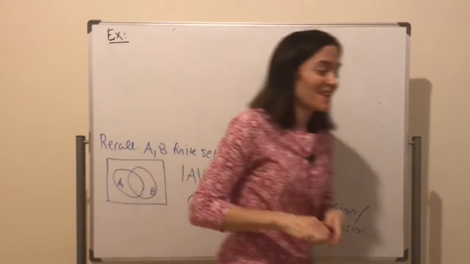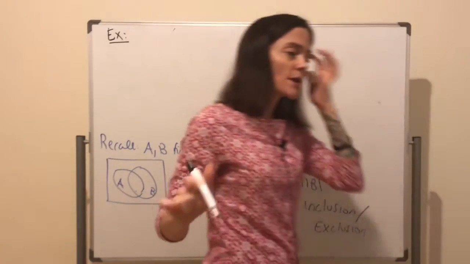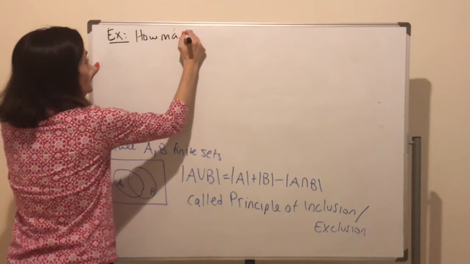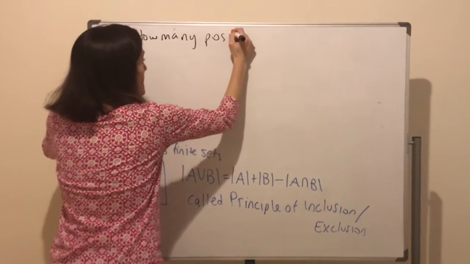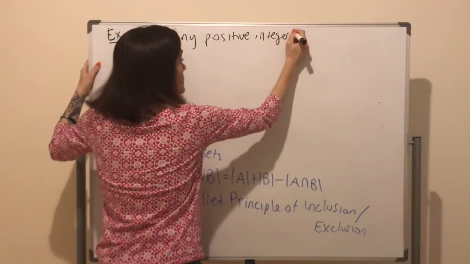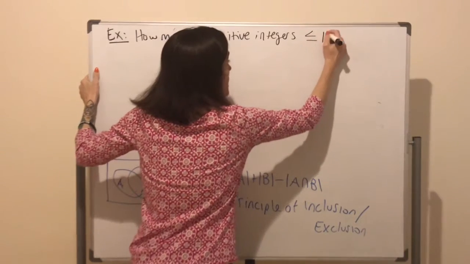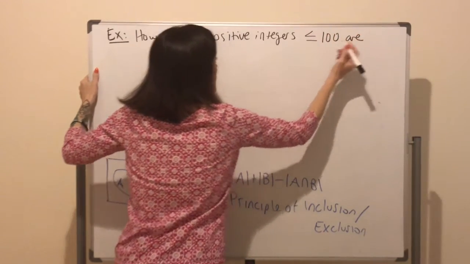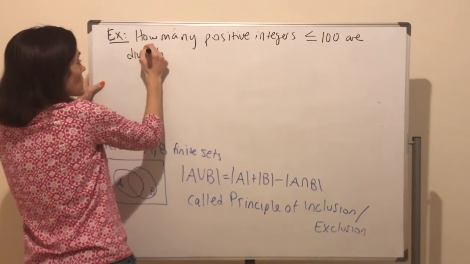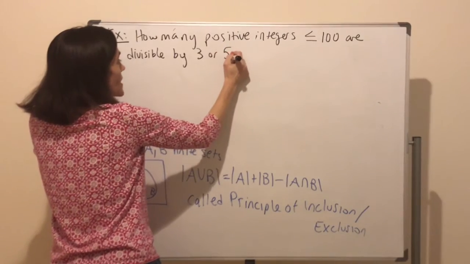It says, how many positive integers less than or equal to 100 are divisible by 3 or 5?